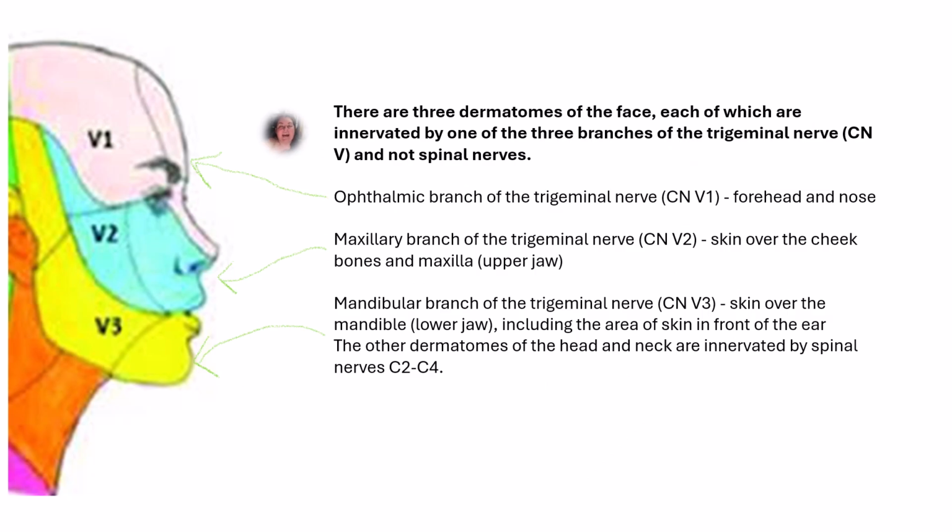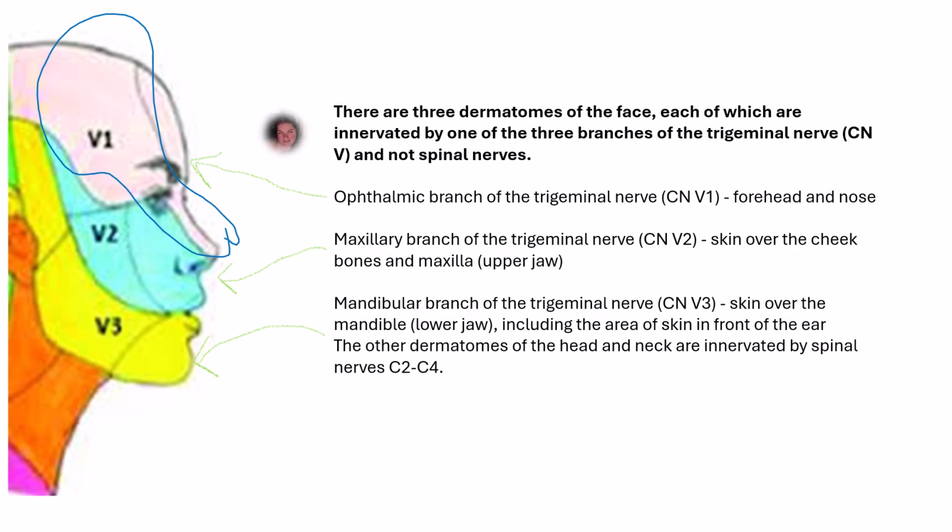All right, so let's dive into the dermatomes of the face real quick. Each of these are innervated by one of the three branches of the trigeminal nerve, which is cranial nerve number 5, and not actually spinal nerves. So we have the ophthalmic branch of the trigeminal nerve, which is cranial nerve 5, number 1, and that innervates the forehead and the nose, okay? And the maxillary branch of the trigeminal nerve, what does that do?